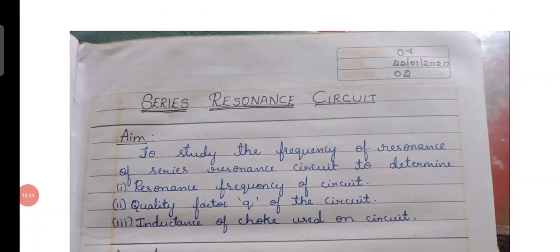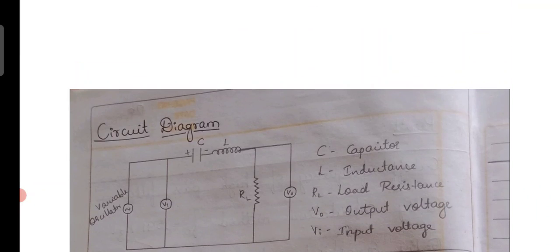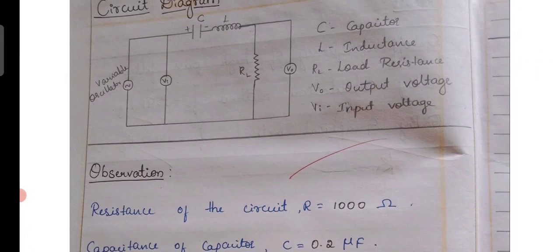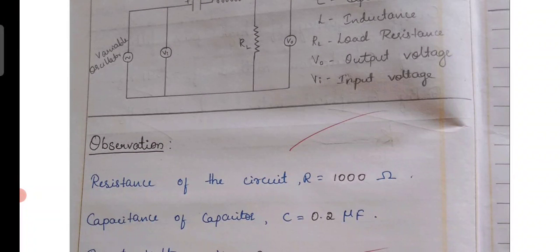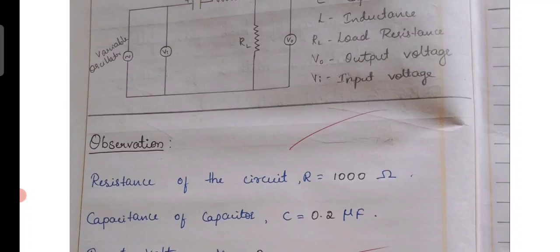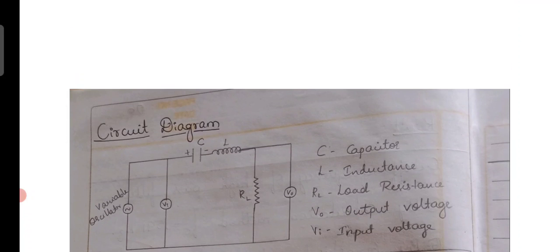Like this, the experiment is going to be conducted. I think you are clear with this experiment, the theoretical part. Circuit connections and taking up of values will be discussed in the next class.